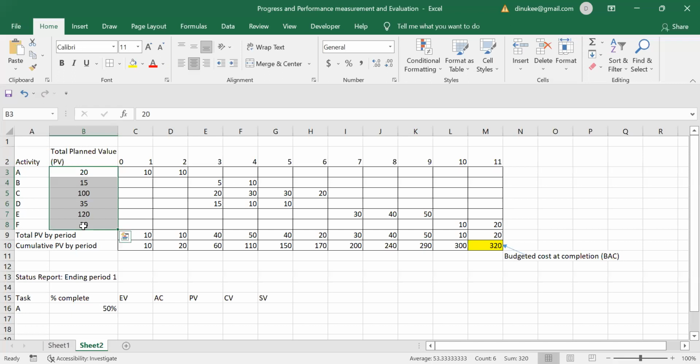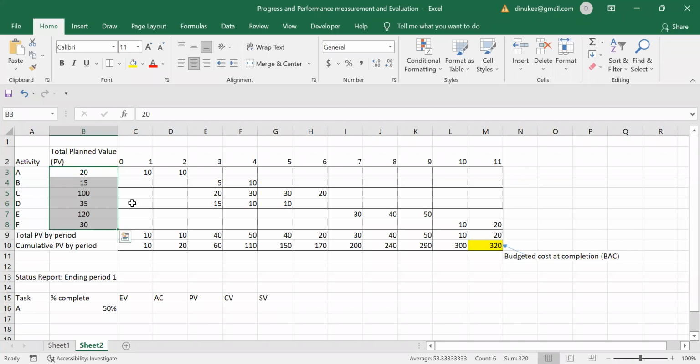If I take the summation of the cumulative of this total plan value, that cumulative needs to be equal to the budgeted cost at completion at the end of this period, right? So this period is ending at 11, and at the end of these 11, we are getting the budgeted cost at completion, or BAC, as 320. If I take the summation of these values as well, can you see the summation is 320, right?